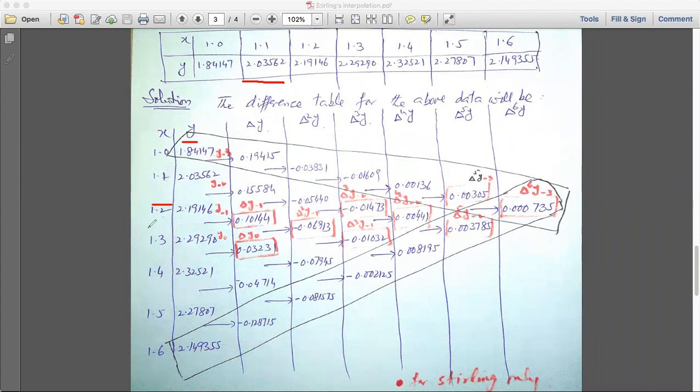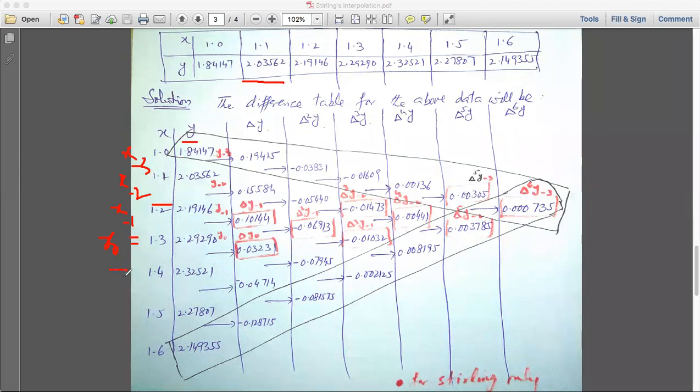But you can see here, this is the value of x naught. We can denote this value x naught. This is x naught. This value is x minus 1. This is x minus 2. This is x minus 3.